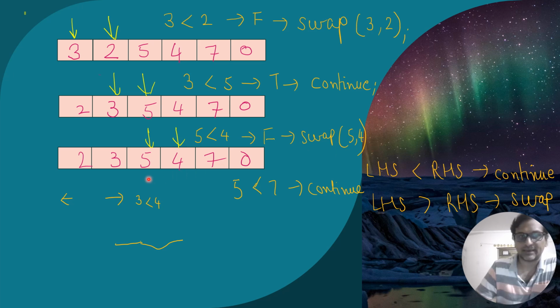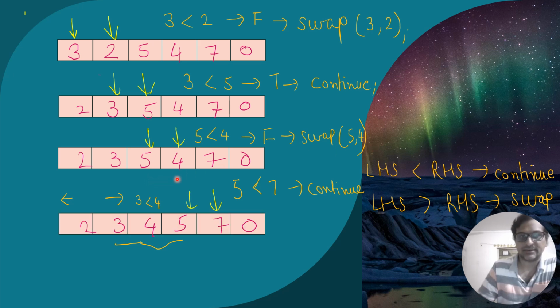And then we have the next set where 4 and 5 are in the correct location with respect to each other. Also, please observe that at this point in time, 4 is also correctly placed with respect to all its neighbors on the left hand side, and to begin with, its immediate neighbor 3 is also correctly positioned with respect to the current location of 4. Hence, no readjustment is required on the left hand side.